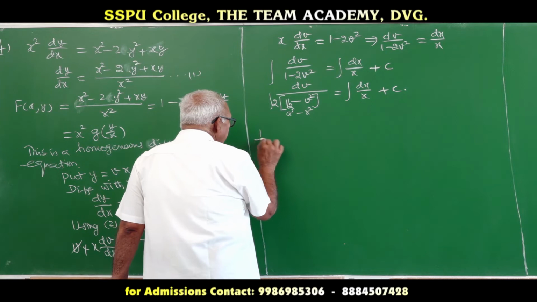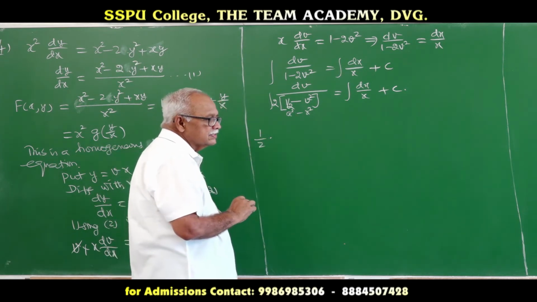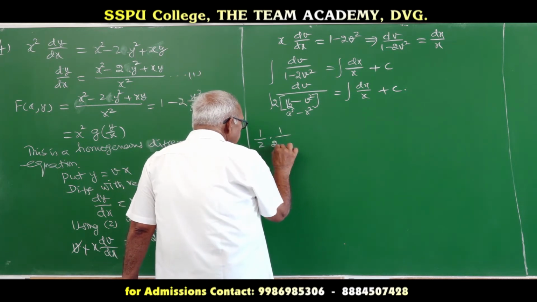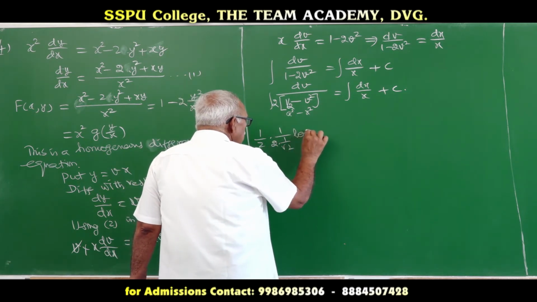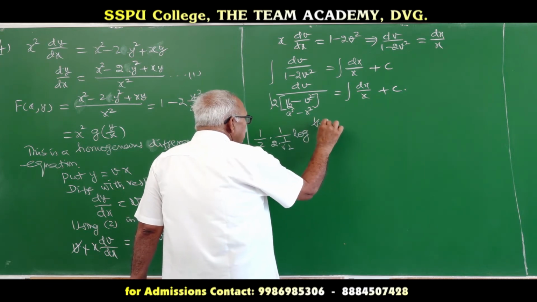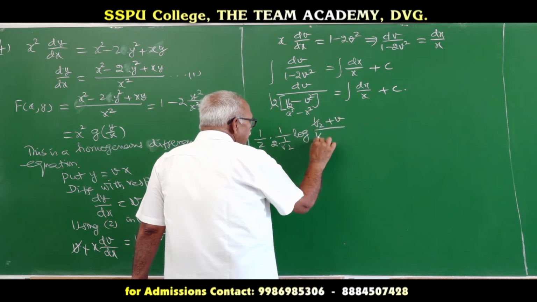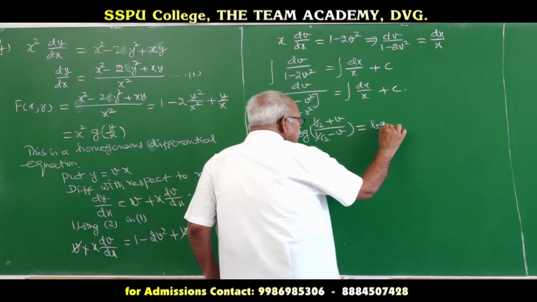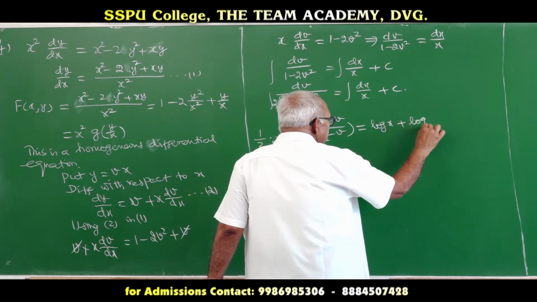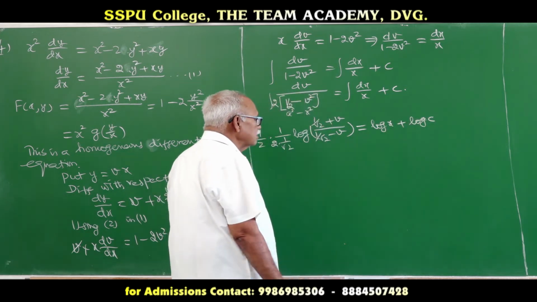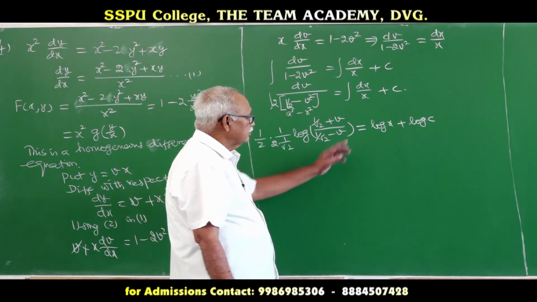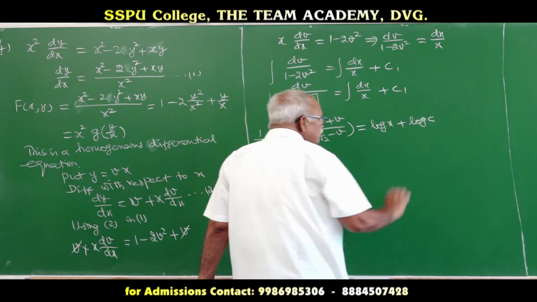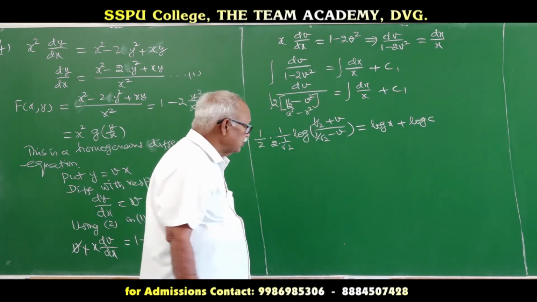So here I am writing the integral for this: 1 by 2 into 1 by root 2 log of a plus x divided by a minus x is equal to log x plus c1. Because all the terms are in logarithms, we can write c1 as log c.